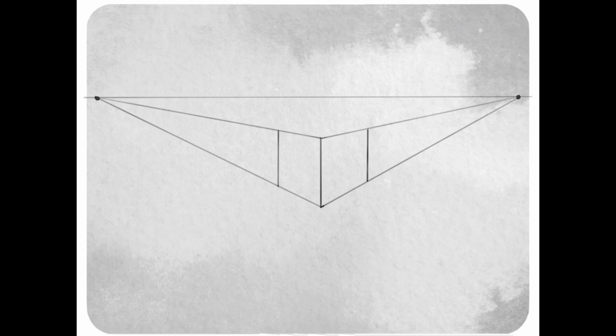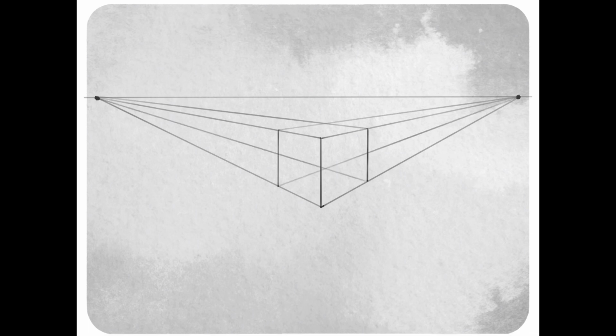So if we start from the left edge there, we want our diagonal line to go towards the right vanishing point. And if we start from the right side, we want that diagonal line to go towards the left vanishing point. This is going to help us to start establishing the top plane of our box, and to find the edges that kind of go back, that travel parallel with some of the edges we've already established.